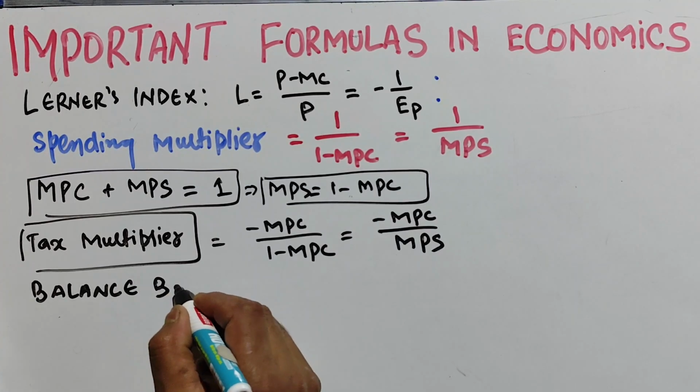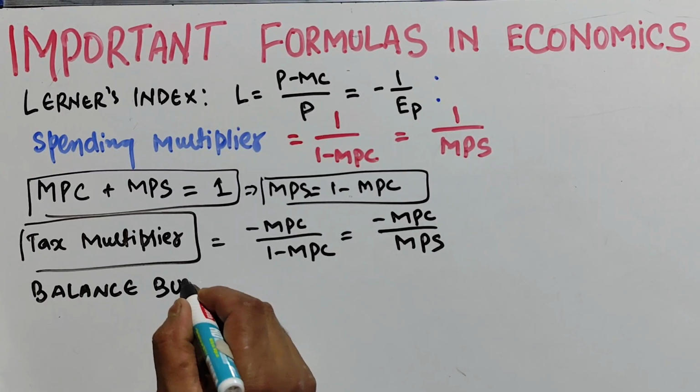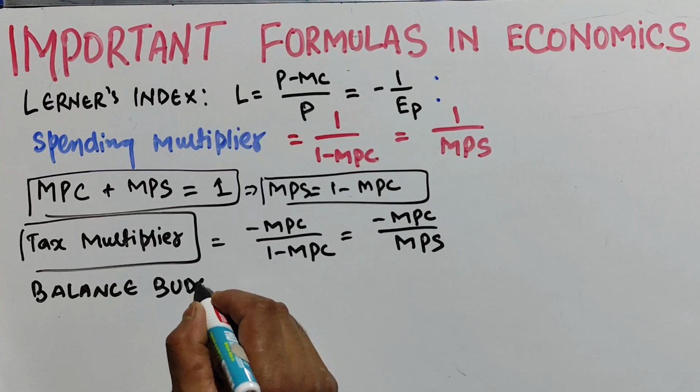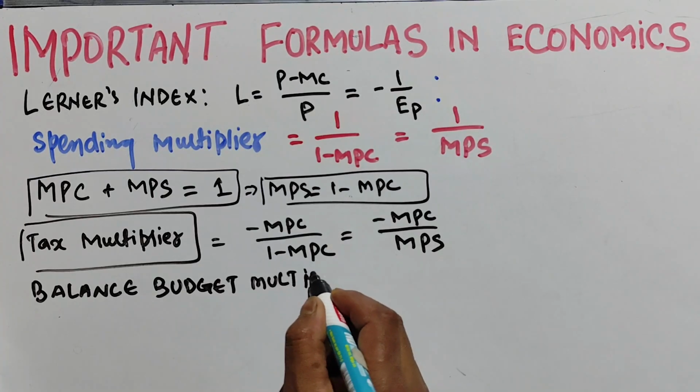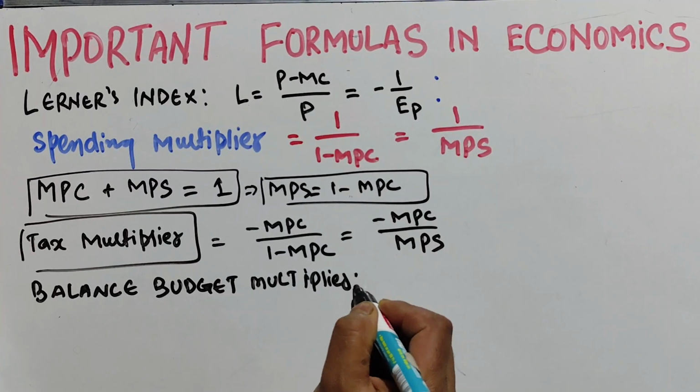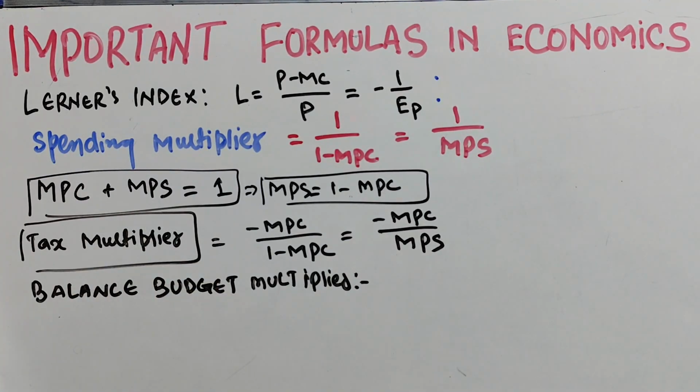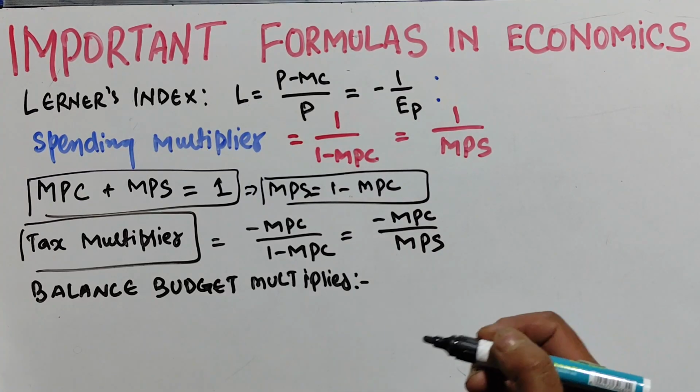Next we have the balanced budget multiplier. When we add the spending multiplier and tax multiplier, we get the balanced budget multiplier.